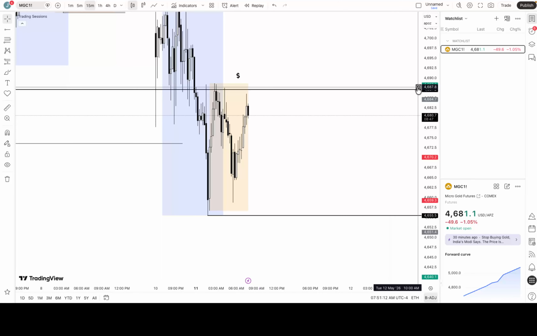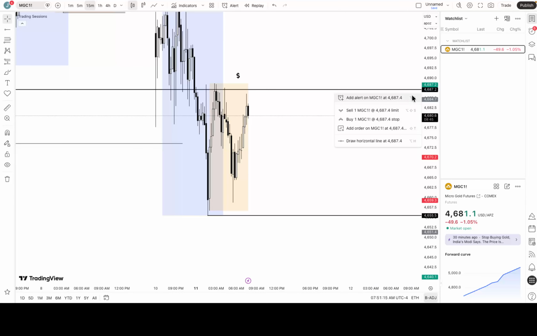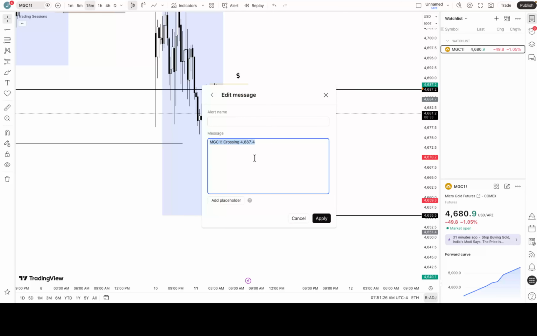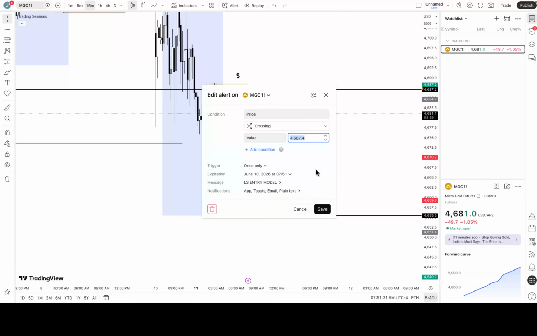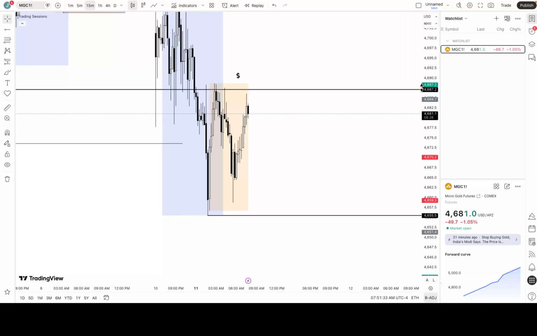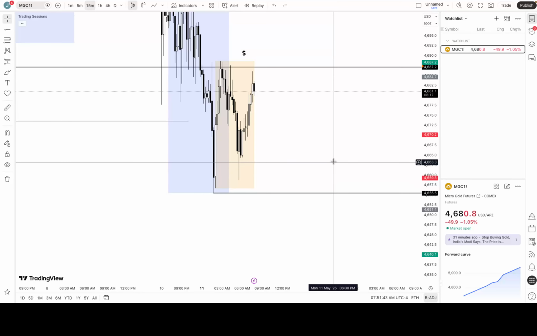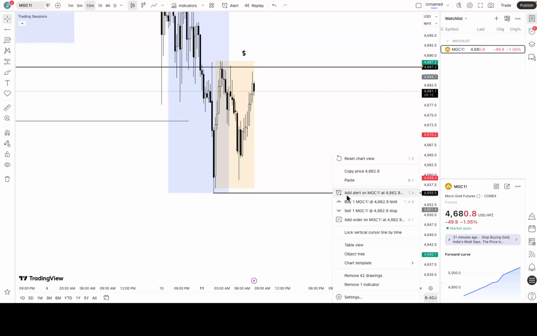So I'll set 2 alerts for price gets all the way up here. Name this the liquidity sweep. Okay, click it. Okay, and down here, probably down here.